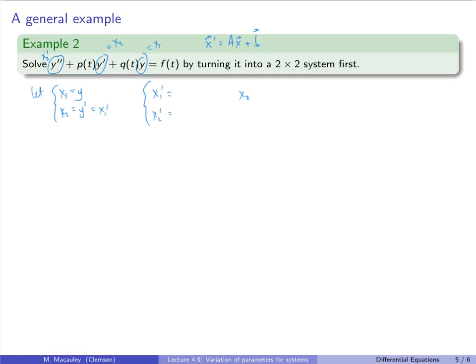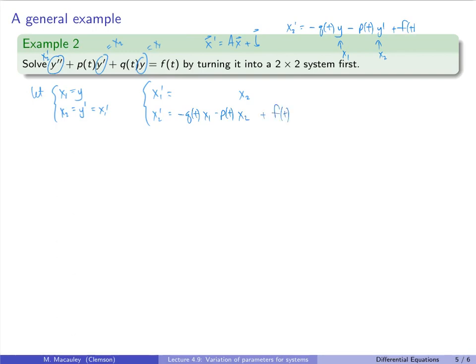So x2 prime, how do we want to write it? So x2 prime equals negative q of t y minus p of t y prime plus f of t, and of course y is just x1 and y prime is x2. So x2 prime equals negative q of t x1 minus p of t x2 plus f of t.